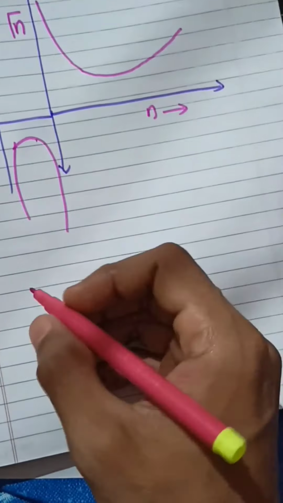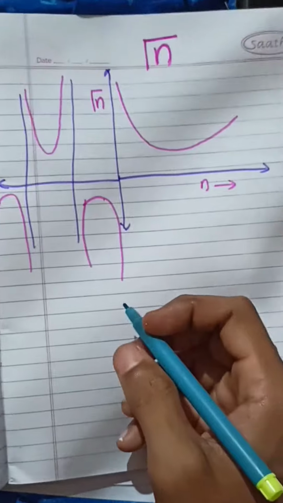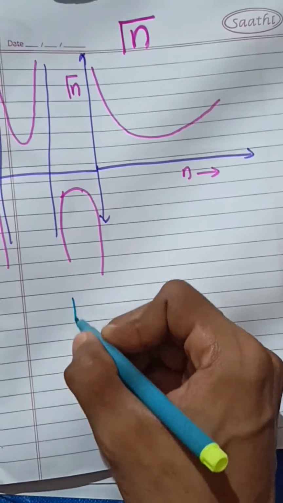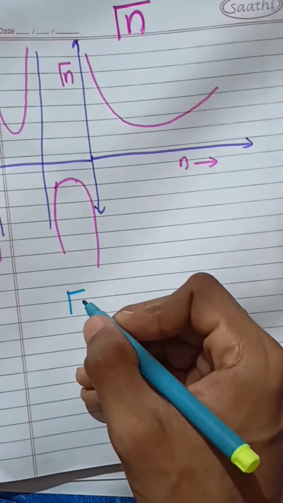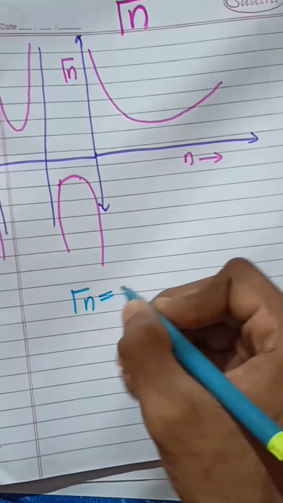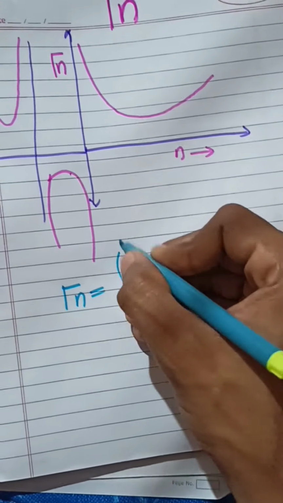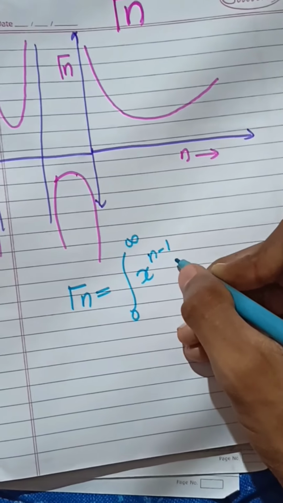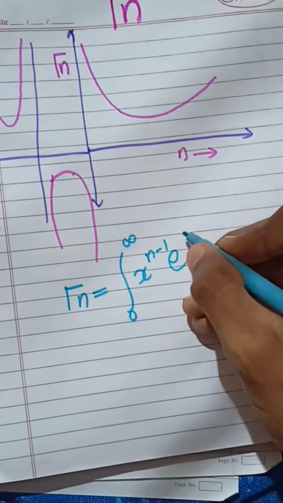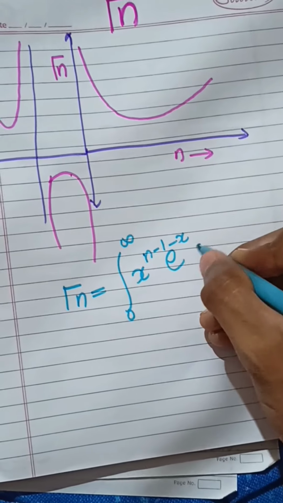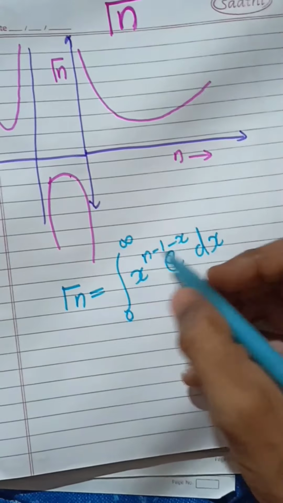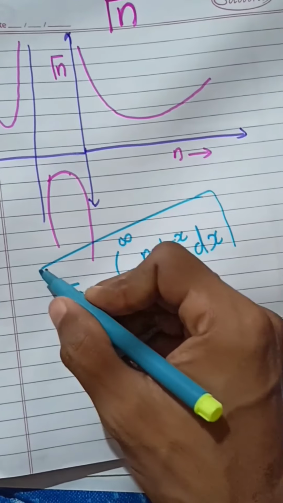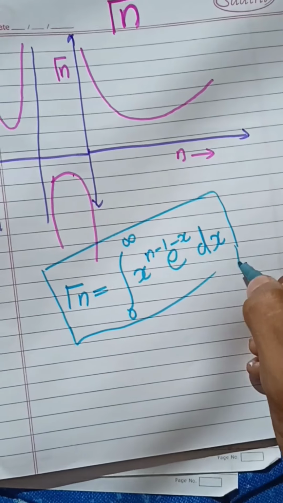We also have another formula for the gamma function: Γ(n) is equal to the integral from 0 to infinity of x to the power n minus 1 e to the power minus x dx. This is the thing that we apply in our calculations.